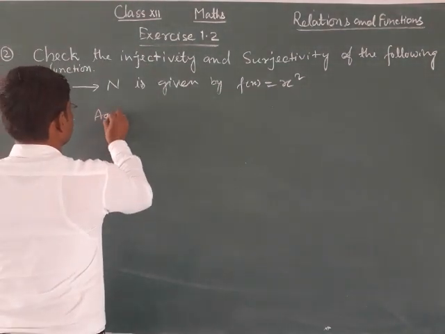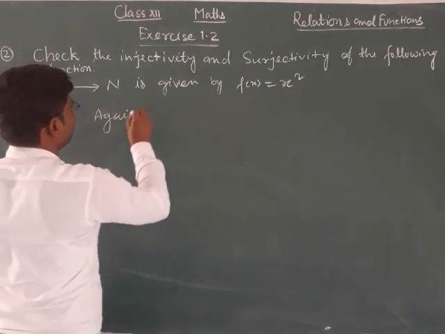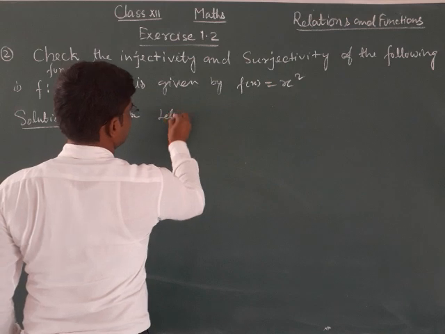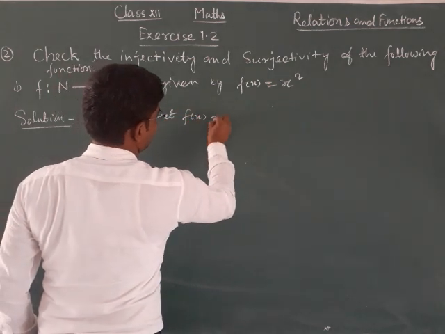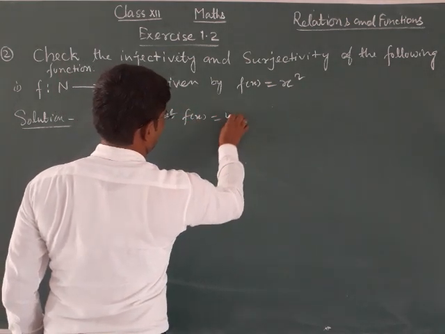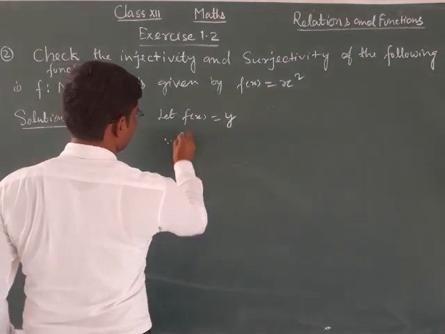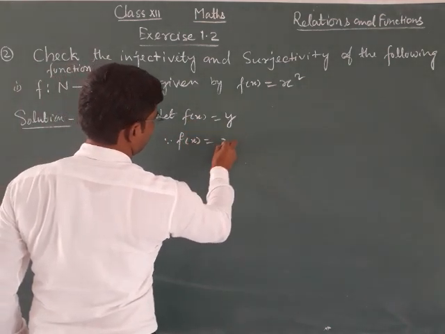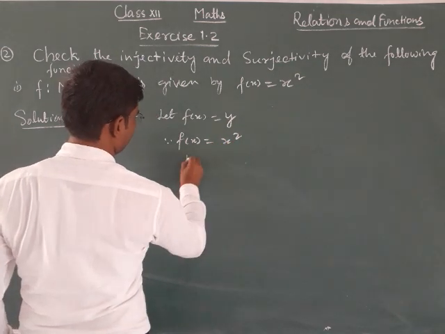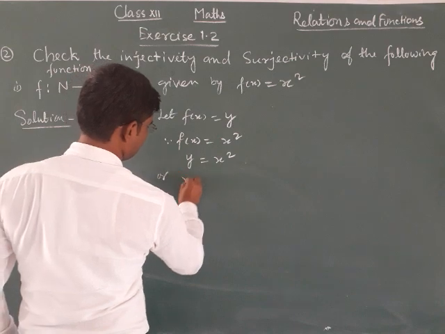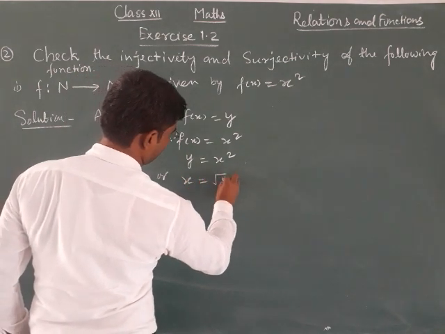Again, let f(x) is equal to y. Then since f(x) is equal to x square, therefore y is equal to x square, or x is equal to root y.